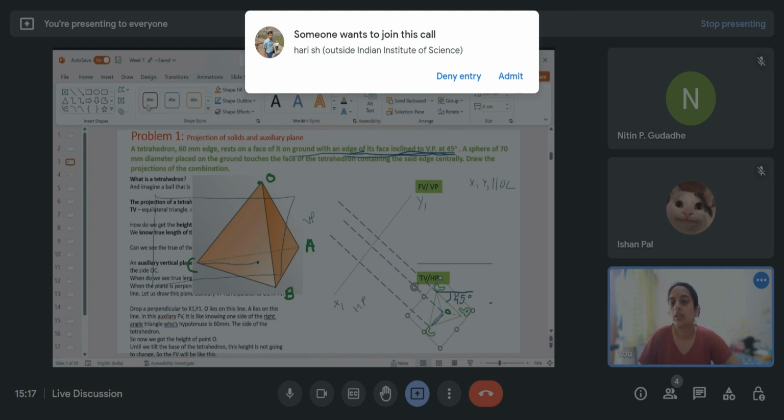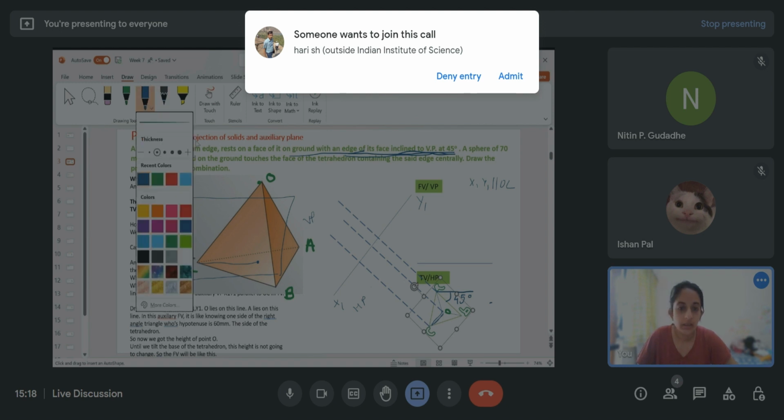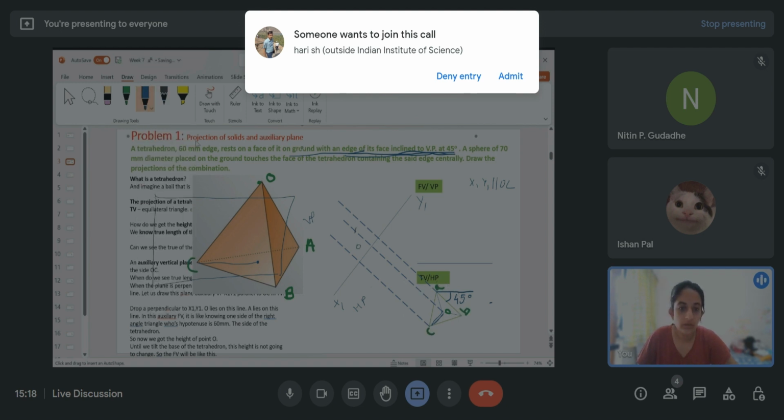So on this line O will lie, and on this line C will lie. I know the length of OC is this, and I know the hypotenuse, which is the side OC, equal to 60 mm.